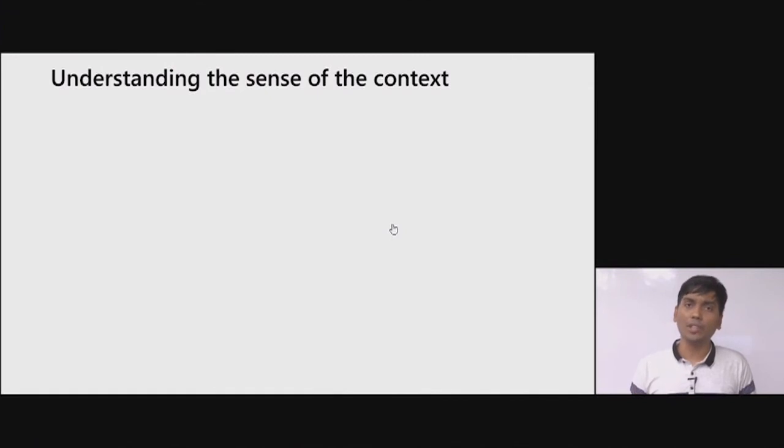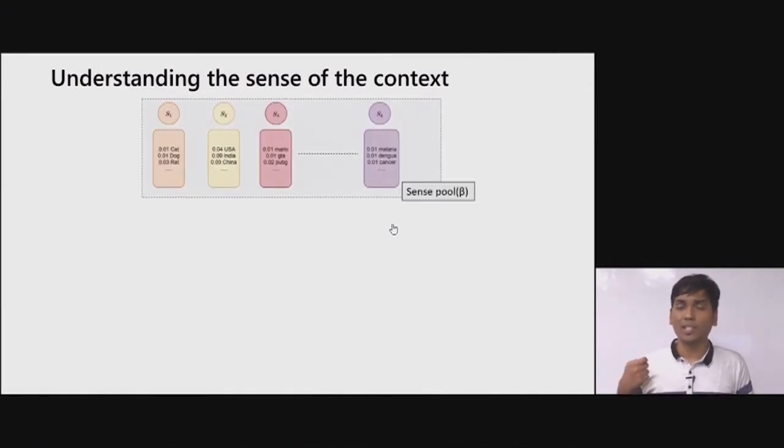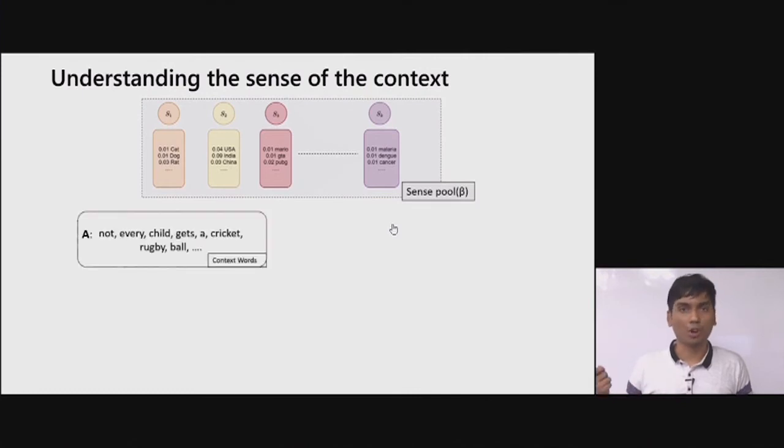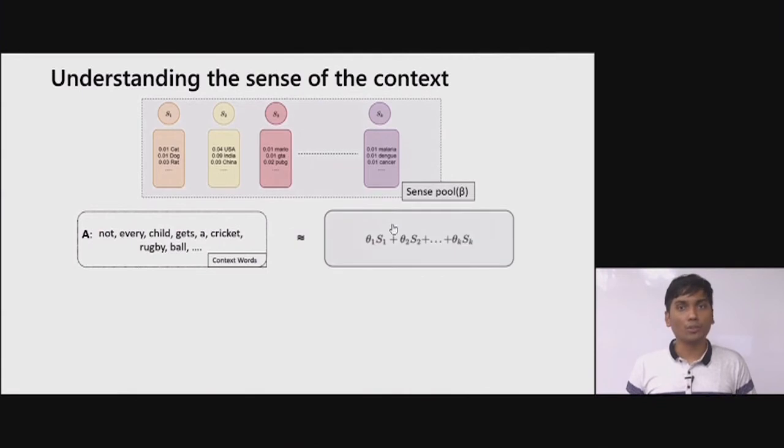For that, we need to give you a new inference algorithm. Let's say we have this sense pool, which is given by the matrix beta, which has been inferred using an LDA inference model on a huge corpus. We are given this set of sentence words. What we are trying to do is find a linear combination in terms of the coefficients theta i.